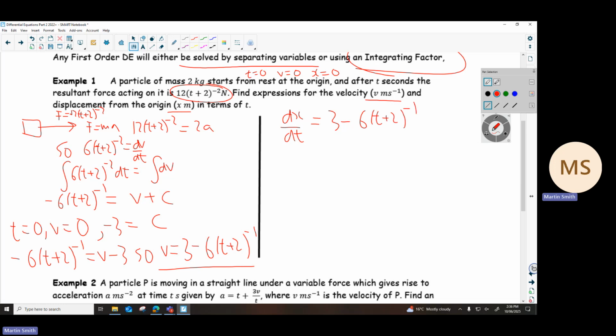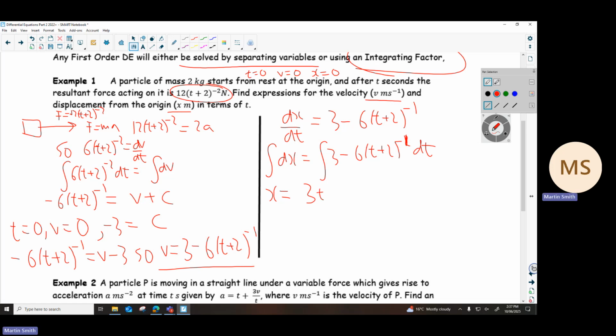This again is a separable variable differential equation. You can multiply through by dt and integrate both sides. So I'm going to get the integral of dx is the integral of 3 minus 6 times (t plus 2) to the minus 1, dt. The left-hand side integrates to give x, 3 integrates to give 3t.